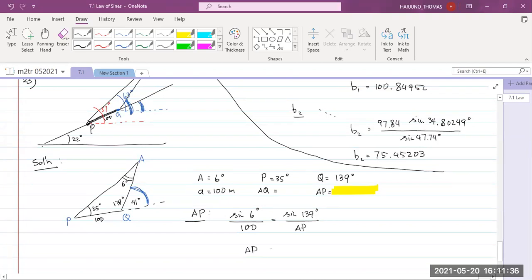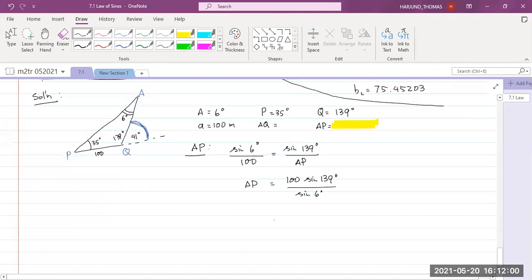AP, therefore, equals 100 sine 139 degrees over sine 6 degrees. I get 627.63673 meters.